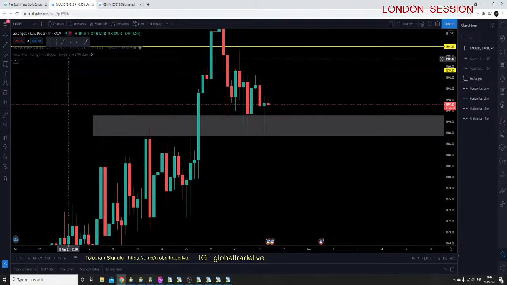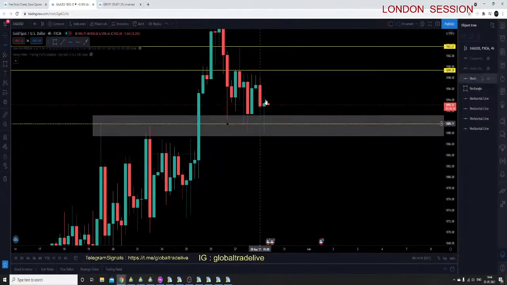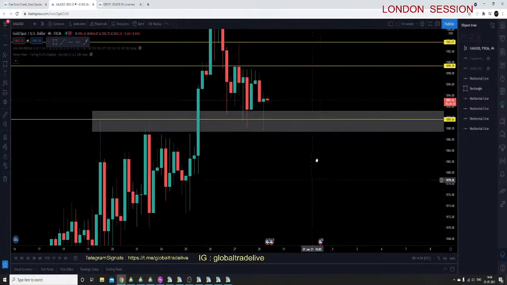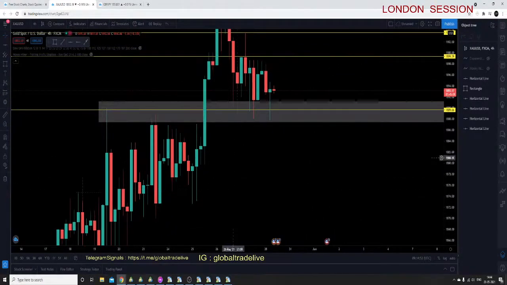So in gold, there's another thing here. If gold breaks below this support over here in the 4-hour, which is 1889.66, what should be our reaching point in gold after we break this?